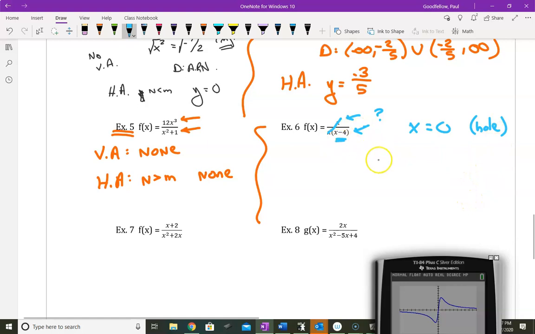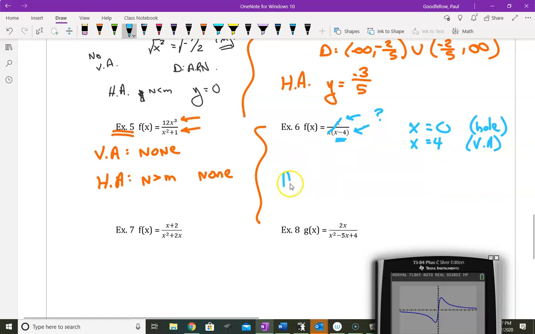Now the leftover factor down there in the denominator would generate a vertical asymptote, so this graph will have both a vertical asymptote and a hole. It'll look like on the graph it only has one vertical asymptote, but if you were to chart this in your table, you would notice that there is another discontinuity at 0.